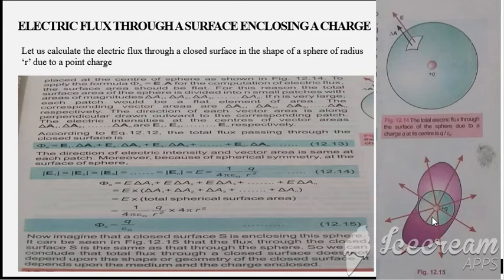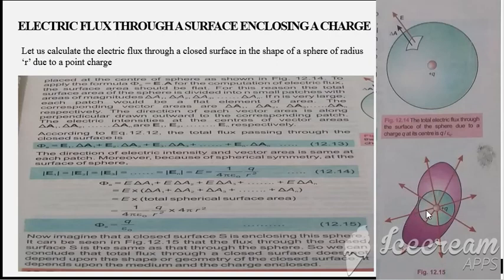So we can conclude that the total flux through a closed surface does not depend upon the shape or the geometry of the closed surface. It represents that the flux through a closed regular shaped body in the form of a sphere is equal to that passing through an irregular shaped body.